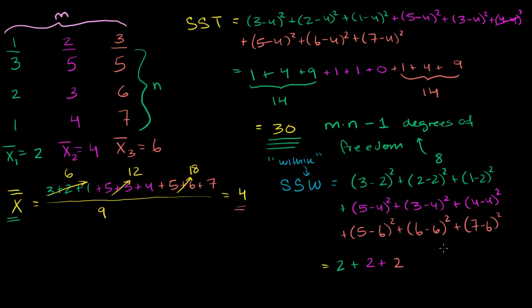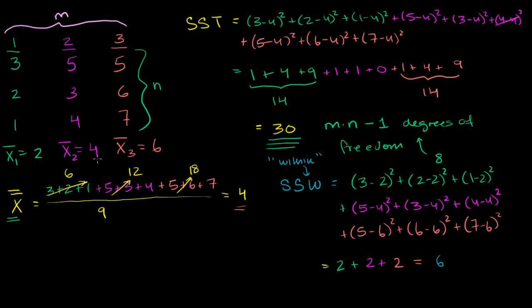So that's 2 over here. So our total, or our sum of squares within, I should say, is 6. One way to think about it: our total variation was 30, and based on this calculation, 6 of that 30 comes from variation within these samples.